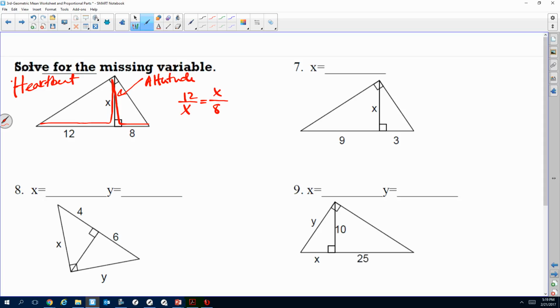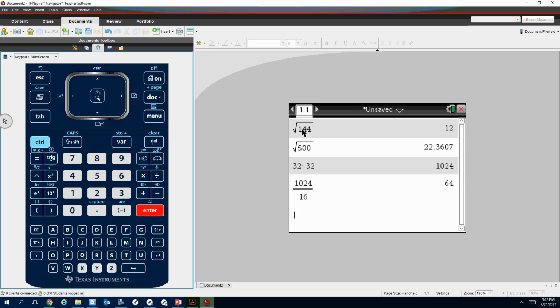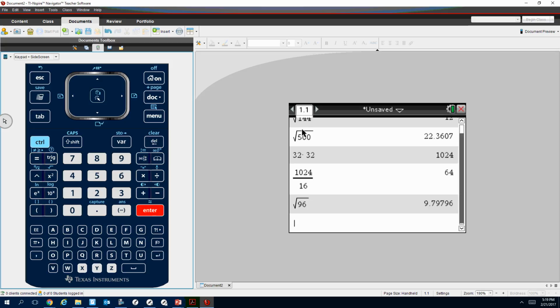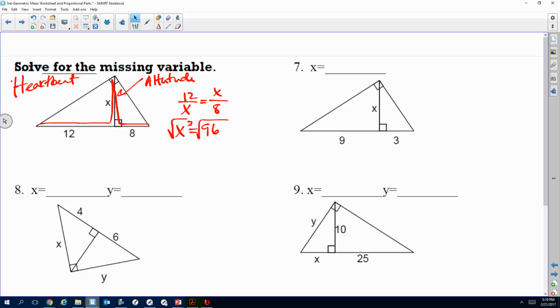And then we're cross multiplying, and we get X squared equals 96. Then we have to take the square root. And so when we go to our calculator, control X squared gives me my radical sign, 96. This is not a perfect square. So they asked for the decimal answer and the simplified radical. So this is approximately 9.8 because we're going to round to the nearest tenth.